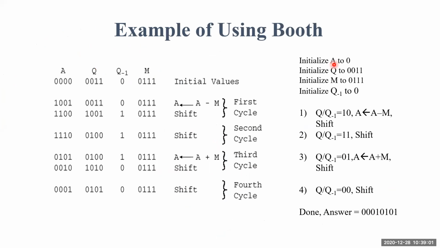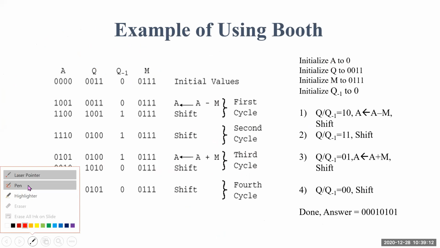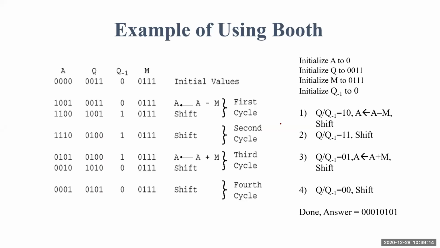Now I have given one example, where we are trying to multiply two numbers. Q is called the multiplier and M is called the multiplicand.